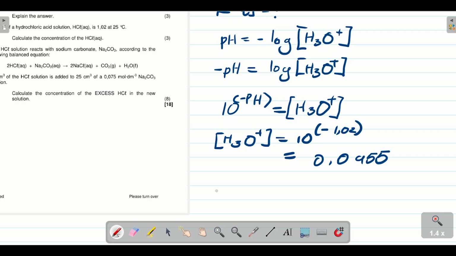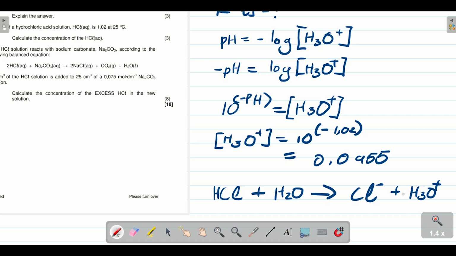So if we had a balanced equation, we would have hydrochloric acid dissolved in water, forming Cl minus plus H3O plus.